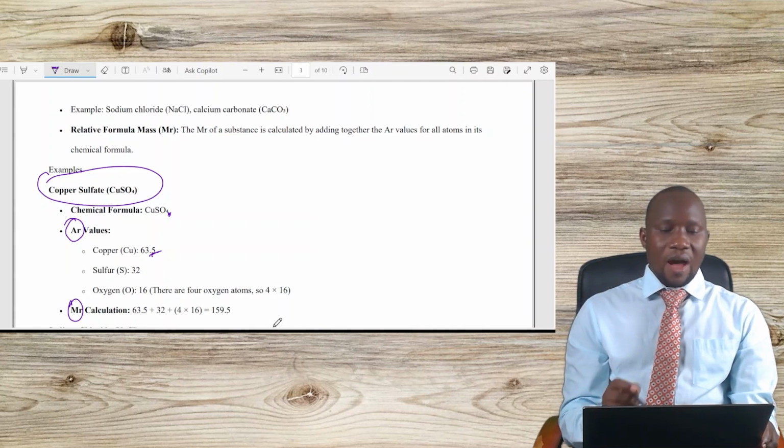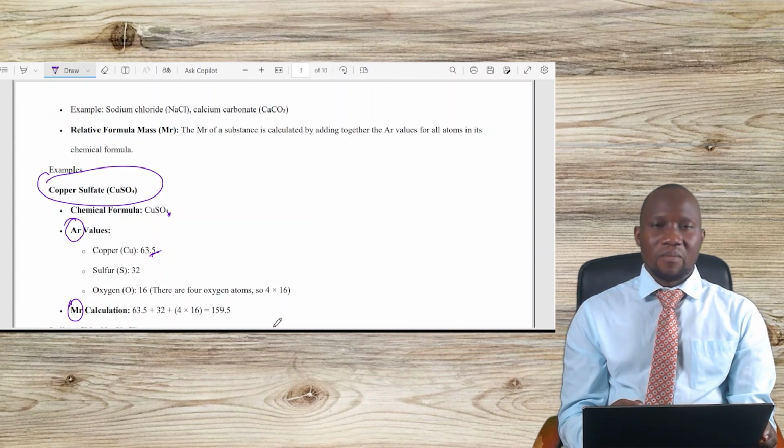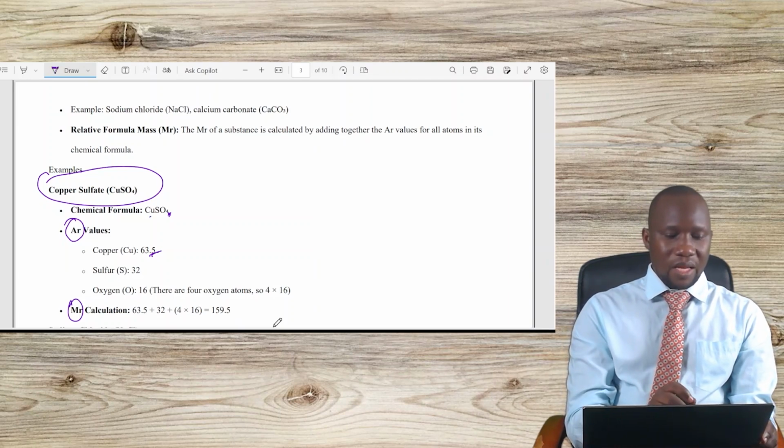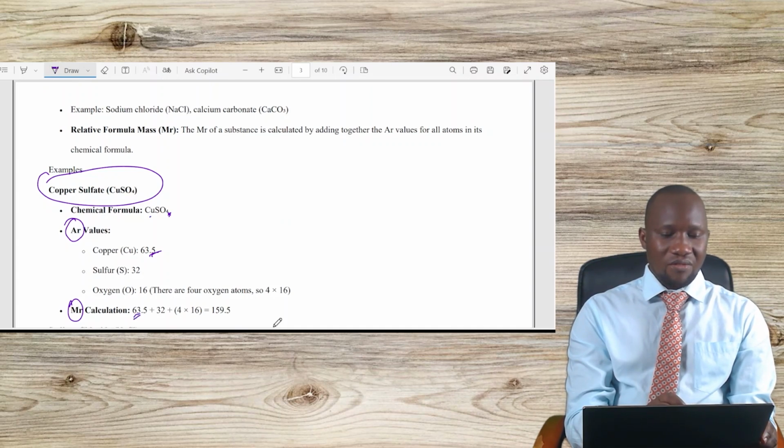So you add the relative atomic masses, but also take into consideration the number of atoms that you have per each. So how many copper atoms do we have here? You have 1, so it is 63.5. Then you go to sulfur.